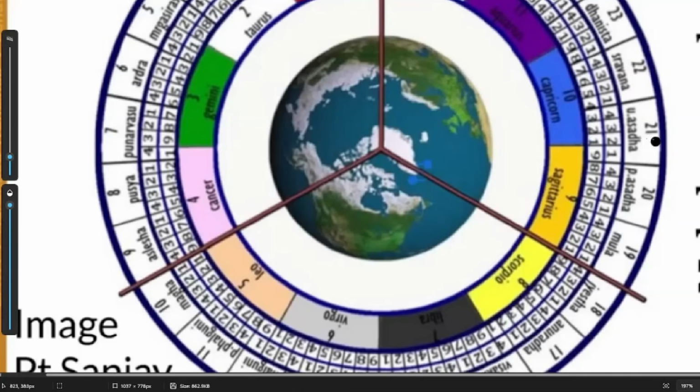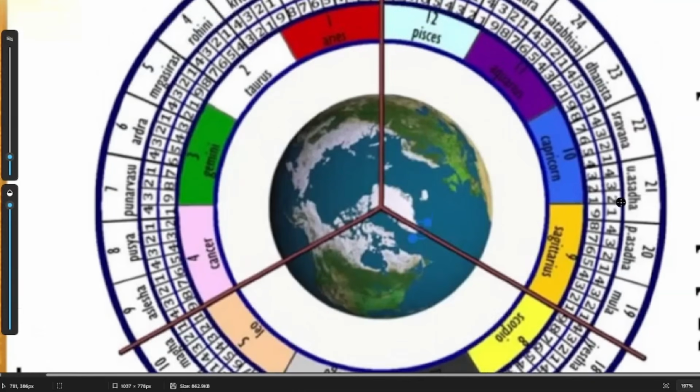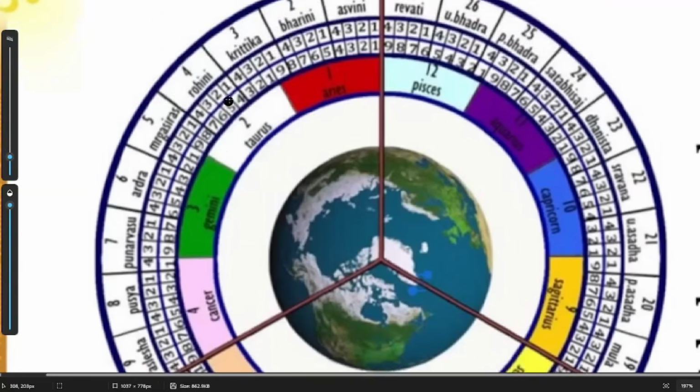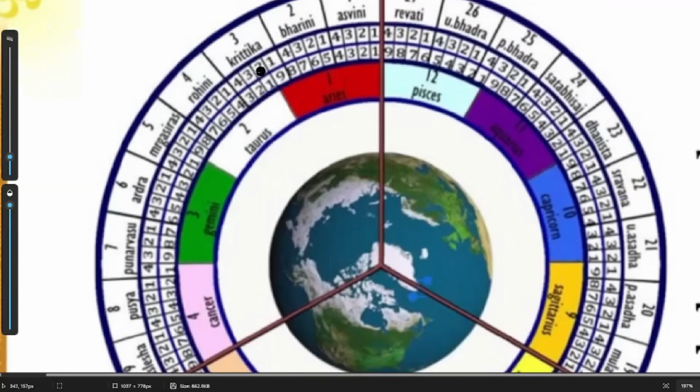Just as Capricorn, you have 2, 2, and 2. This is 3 different Taurus energies, or 3 different Earth energies in Capricorn. Same thing with Taurus. You have 2, 2, and 2. This 2 ends the Taurus.